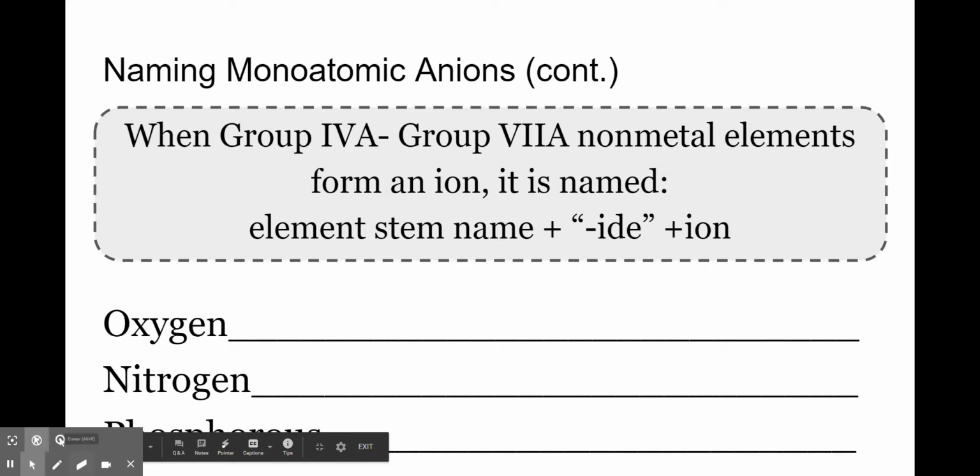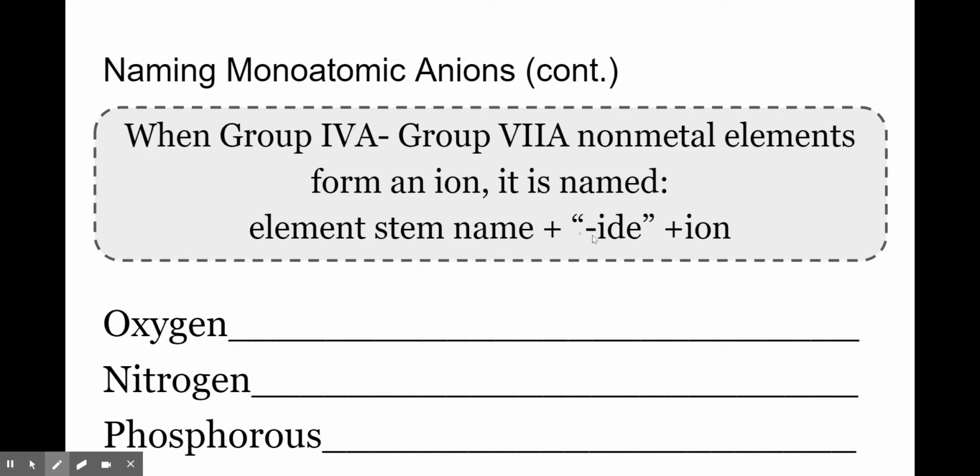When we name these negative ions, they are named differently. So the anions, the negative ion, is going to have the stem name and then the word "ide" at the end, and then add ion. So when we look at oxygen and it forms an anion, we are going to delete the end, and it's going to be called oxide ion.